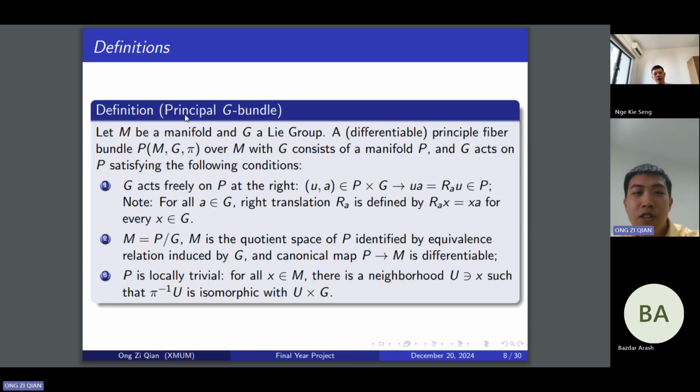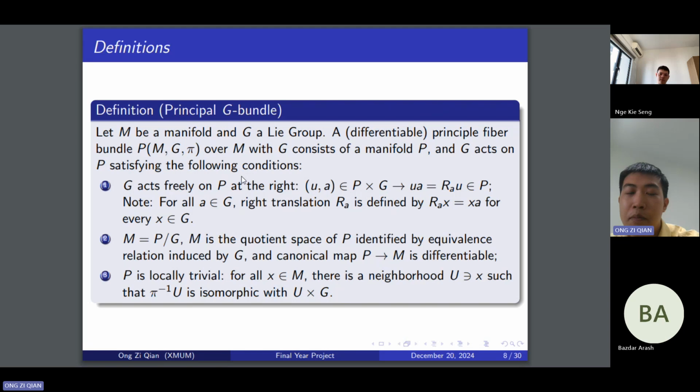Next, I want to introduce the principal G bundle. If M is a manifold and G is a Lie group, then a principal fiber bundle P over M with the Lie group G should satisfy three points. First, G should act freely on P on the right side.